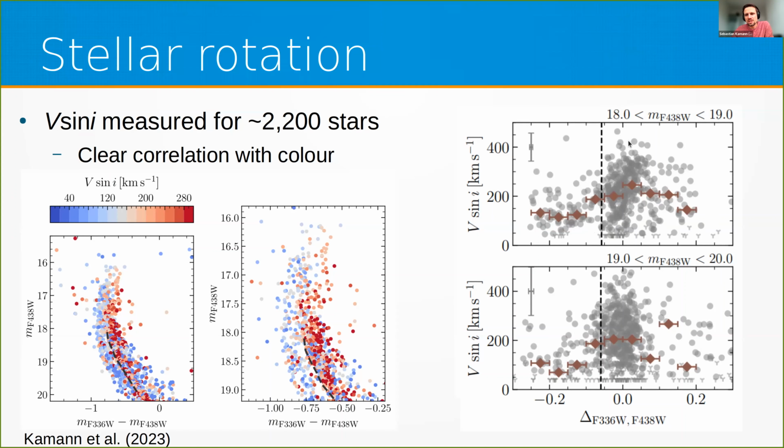Obviously here, if we go down in magnitude towards B of 20 or so, things become a bit more messy because the signal to noise per star is typically lower.